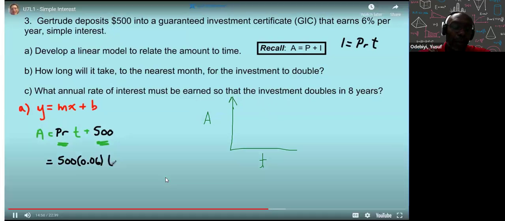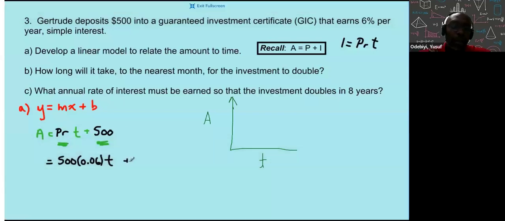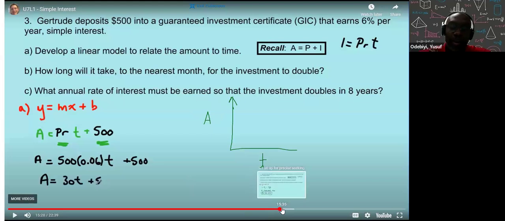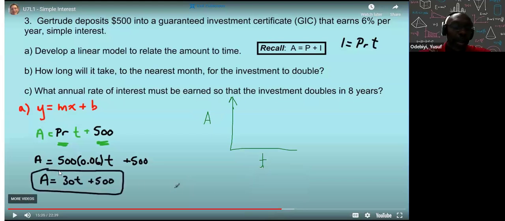We don't know how much time is in there because we're going to create a linear model that is relating to time, so we're going to keep t as a variable, and we're going to add 500 as our initial amount. We can multiply 500 by 0.06. Simplify that equation and that's what you're going to get. Now this is your linear equation, so your slope is 30.